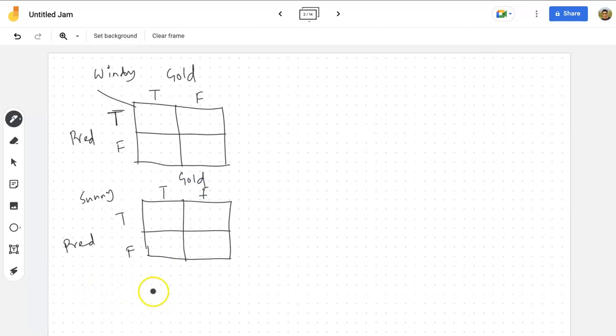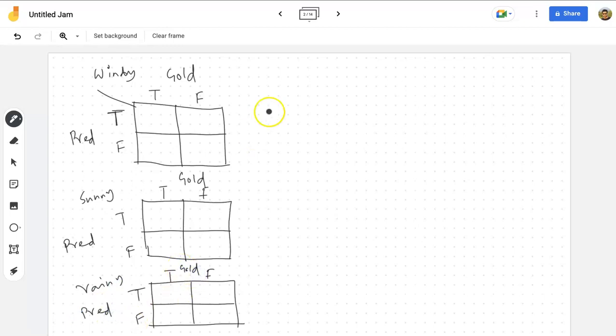Similarly, let's do it for another cell. Space is small, so there are 5 others, so there will be 5 such boxes. It is for rainy, and then there is foggy.